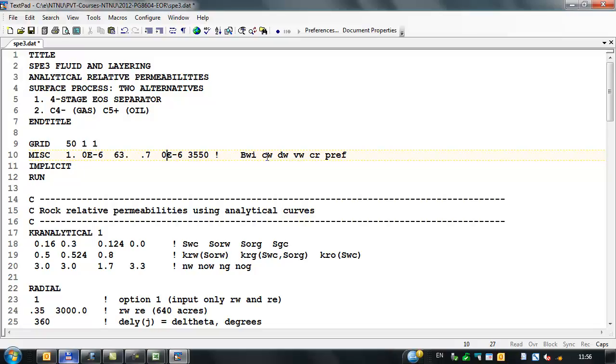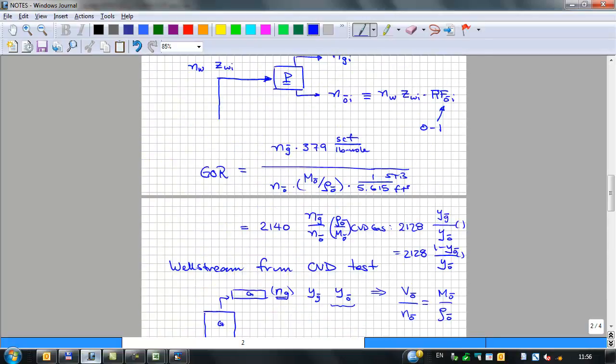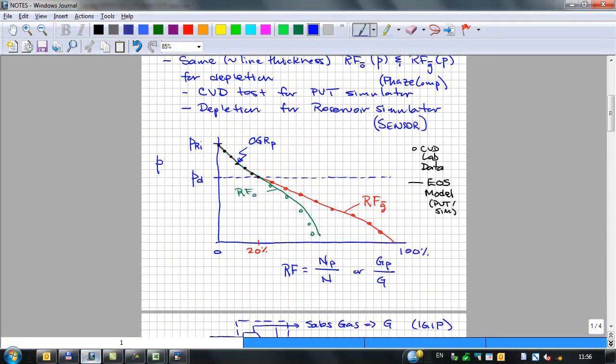If you leave the water in there, then what is going to happen to this behavior here? What will happen to the line, which is the model? With water, without water? It'll shift upwards because you're getting pressure support.